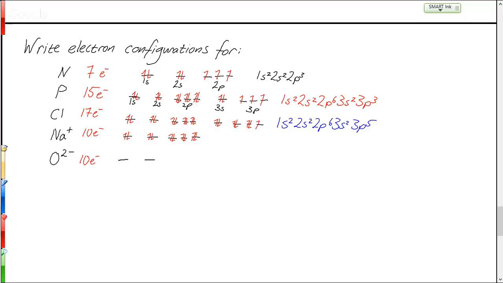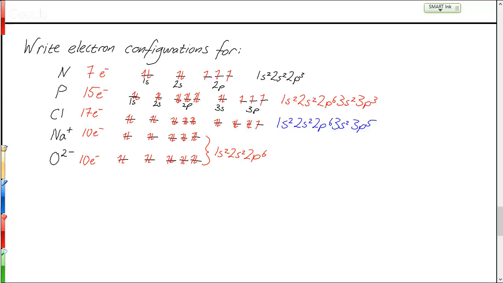And oxygen, having the same number of electrons, is going to have the exact same electron configuration. So those are both going to be 1s2, 2s2, 2p6. Now, do you notice something special about those configurations?